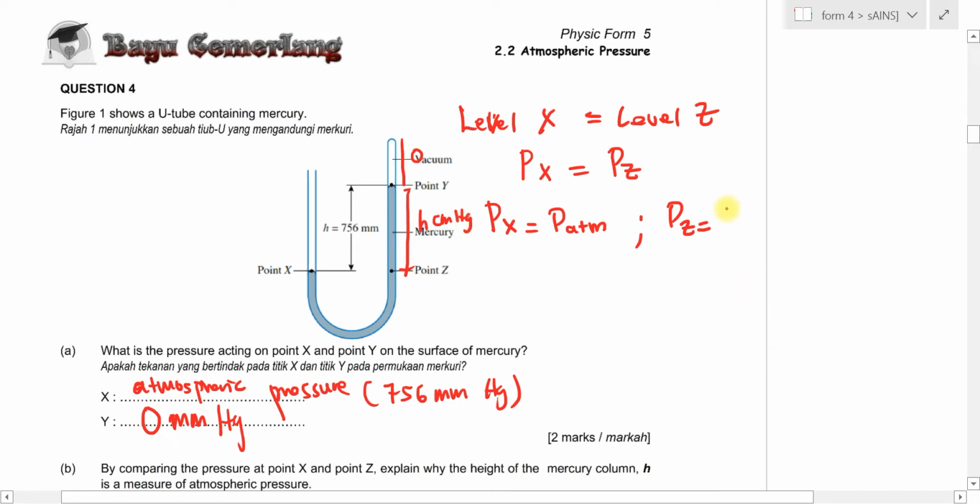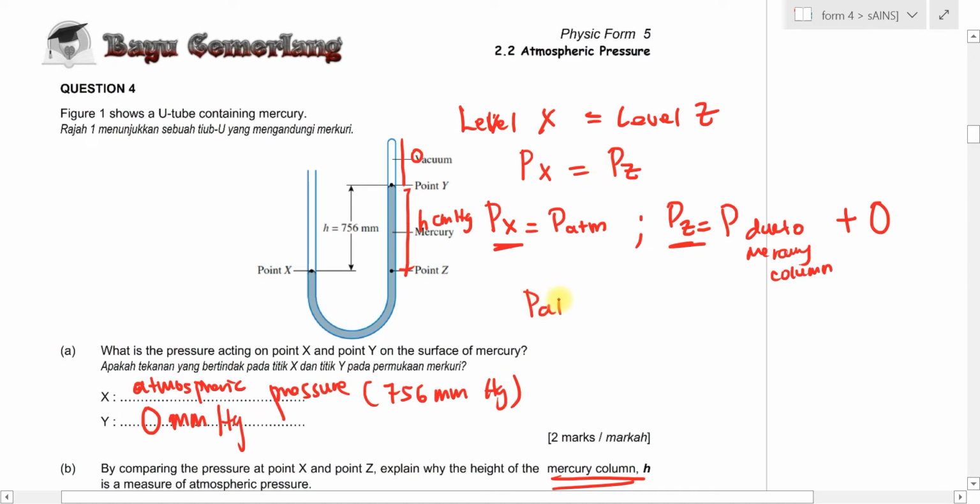So I can write it like this: pressure due to the mercury column, and then you add 0 at the vacuum at the top. So you see pressure X and pressure Z are equal, right, previously.